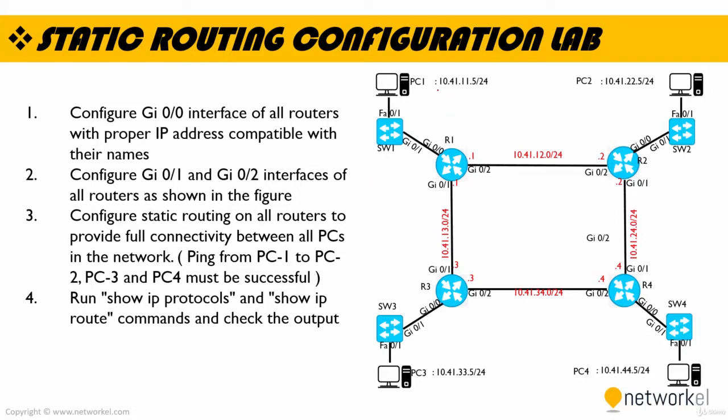As you can see, we have the 10.41.11 network here, 32 network here, 44 network here, and 22 network here. And we have different networks between the routers too. We have 10.41.12 network between router 1 and 2. We have 13, we have 24, and we have 34 between router 3 and router 4.